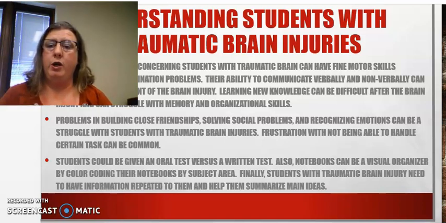Basically, how hard it is for them to communicate depends on the extent of their injury. If they have a very severe injury, they will not be able to communicate very well at all. If they have a limited or just basically a small limitation of a brain injury, they're able to process information a little better and communicate those things.